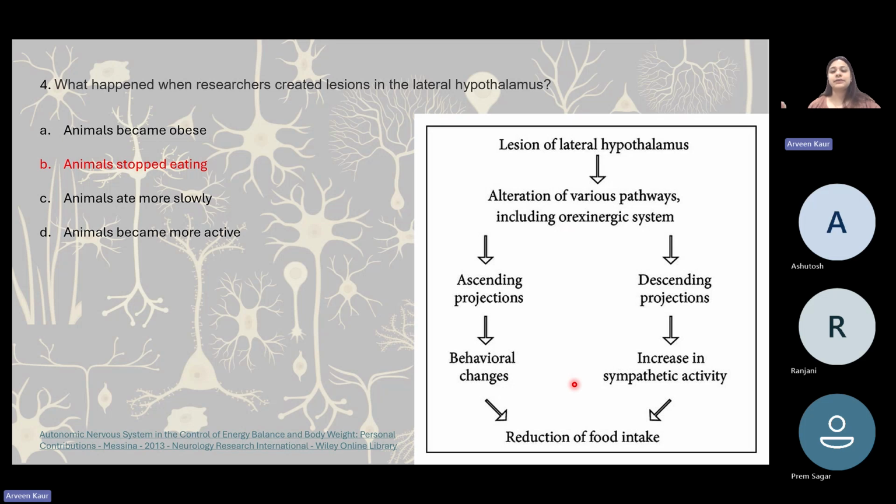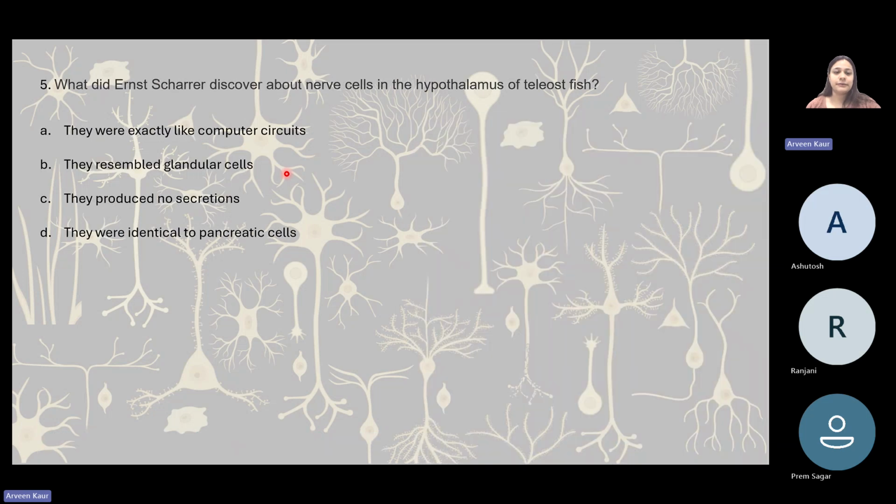So when the sympathetic system is higher, you feel less hungry, less thirsty, because your body is prepared to burst out, fight, or something like that. So there is again reduction of food intake over here.